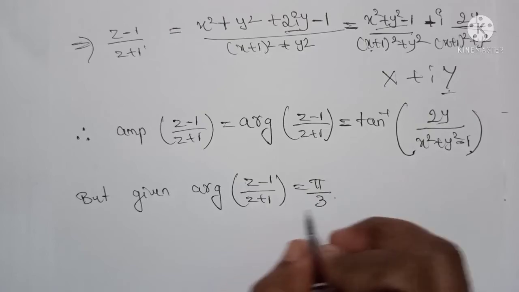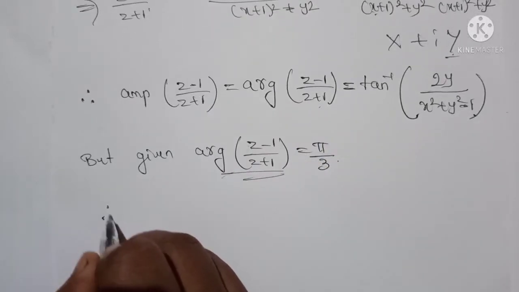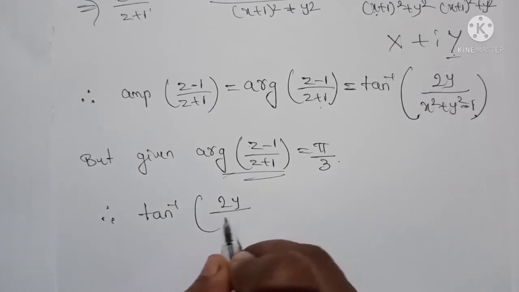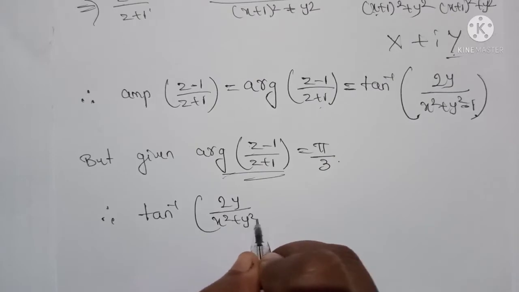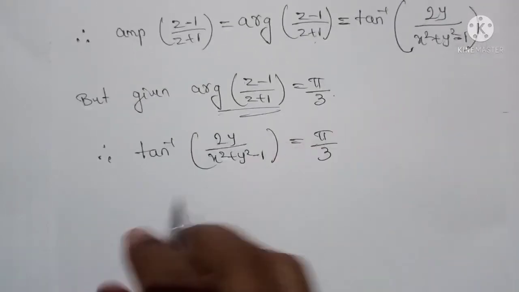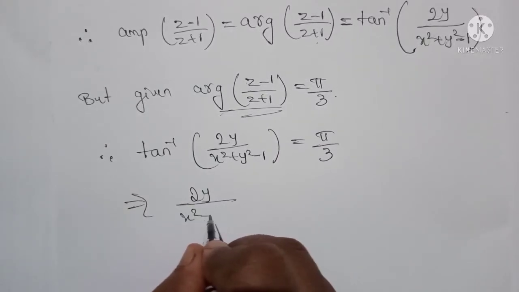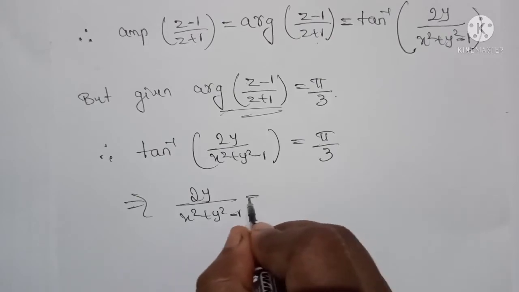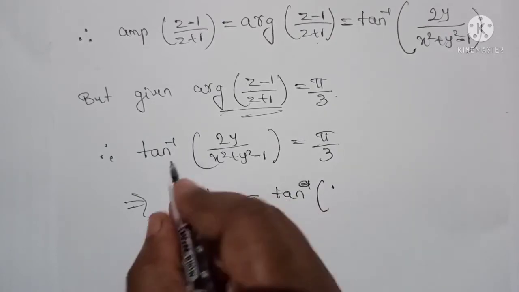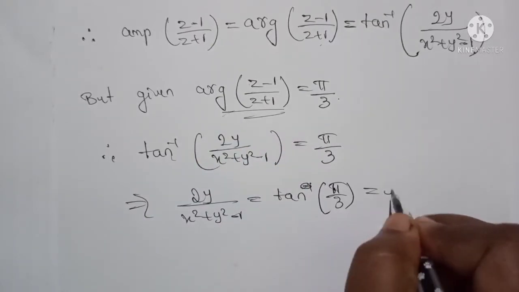So substituting its value here, we get tan inverse of 2y divided by x square plus y square minus 1 is equals to pi by 3. So it implies that 2y divided by x square plus y square minus 1 is equals to, sending this tan inverse to this side, tan of pi by 3, which is equals to root 3.